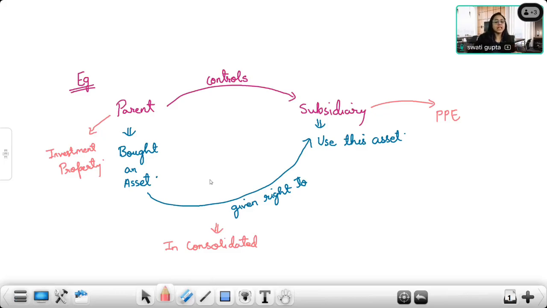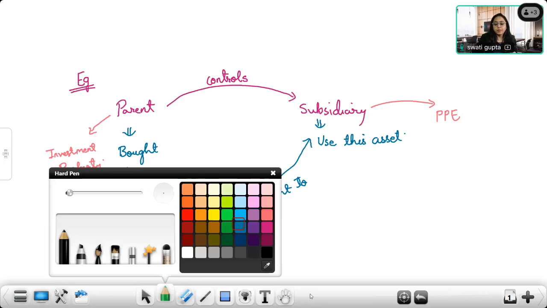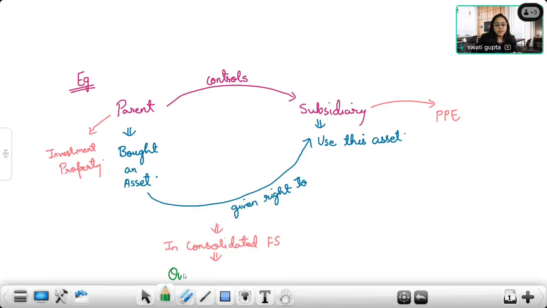Right now, just understand this: the parent will record it as investment property, the subsidiary will record it as property, plant and equipment. But in the consolidated financial statement, since both these entities are considered as one single entity, this will be treated as owner occupied property.